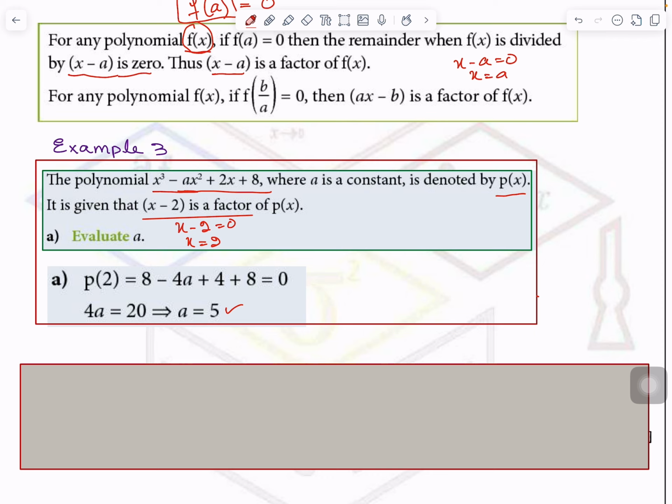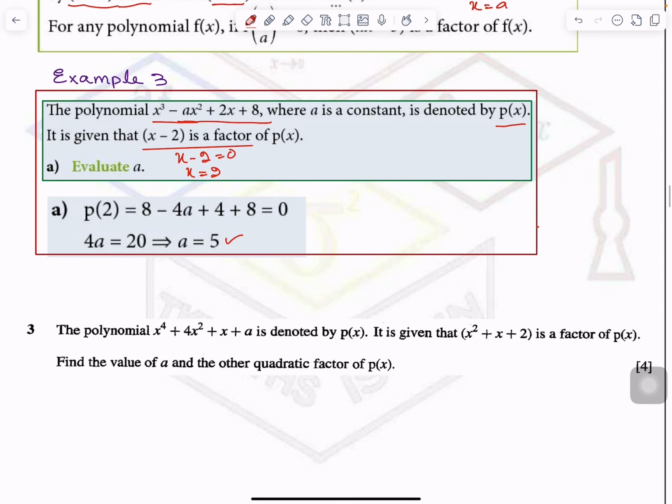Right? Now the question is, if you have any question like this, again the polynomial is given to you, it is divided by this and you have to find the factors and the value of a. How will I get the value of x from here? It's not possible. It is not factorizable. I cannot factorize it.